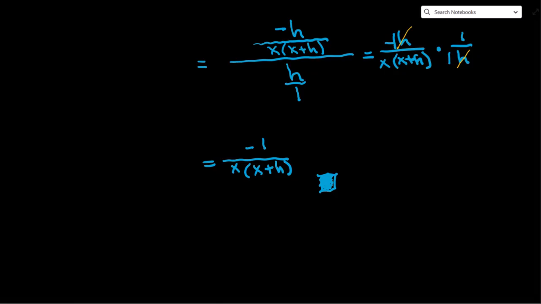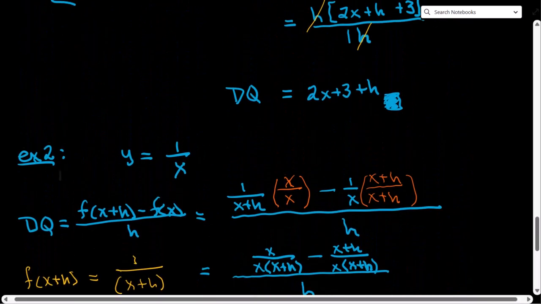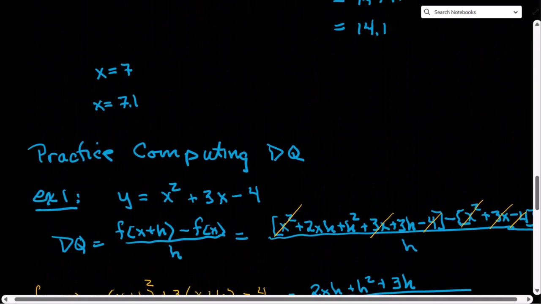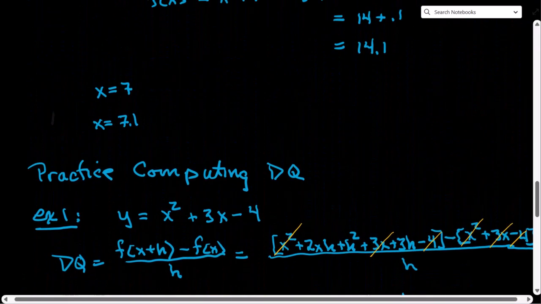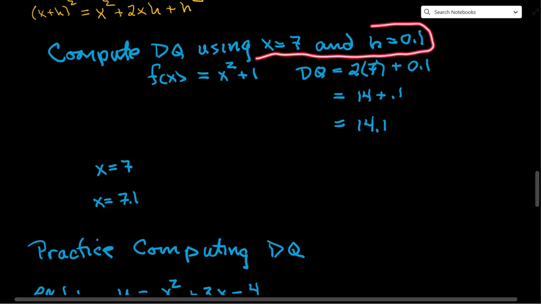Now, you can then evaluate different situations like what we talked about up here a ways back. Here we go. Where if you have a given value for your x and a given value for your h.